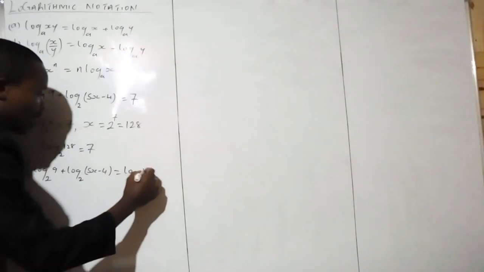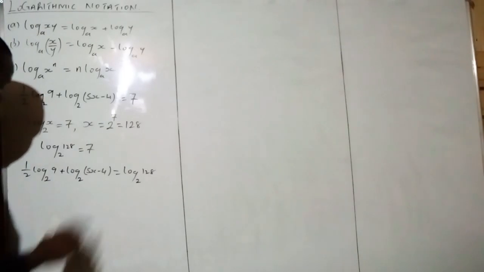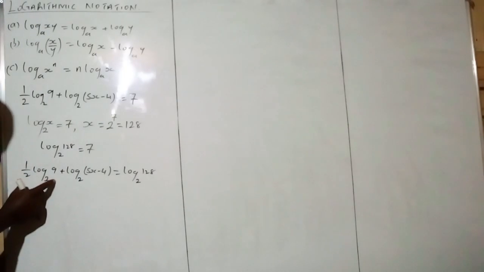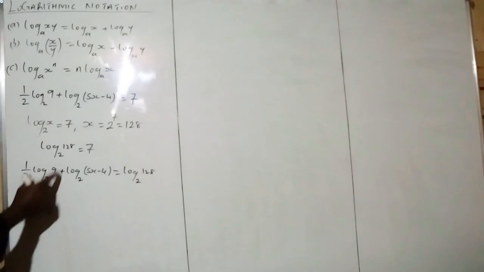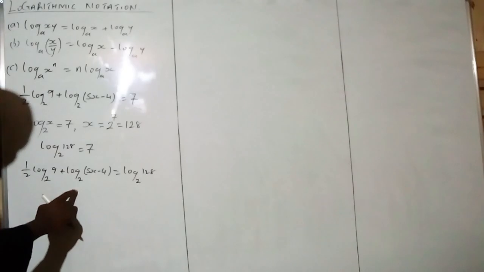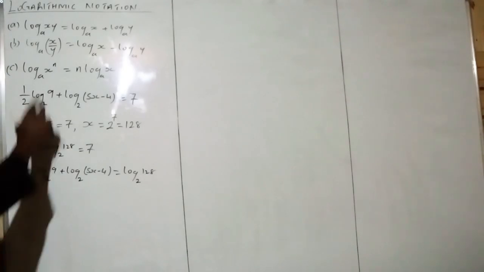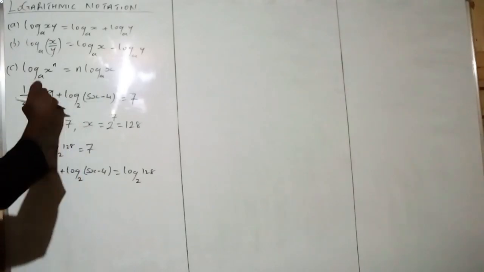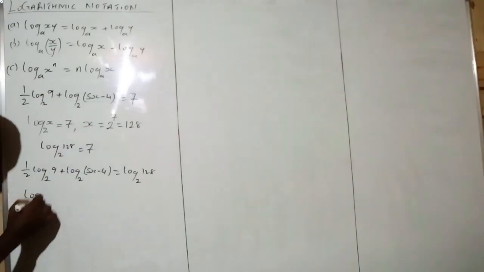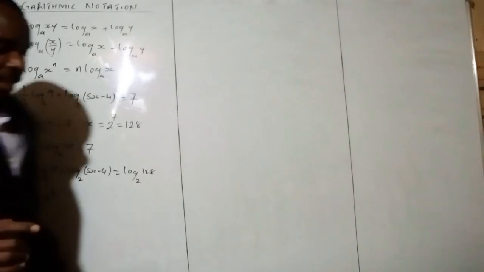Now we have log to base 2 uniform on our left and right. After that, the first term, log to base 2 of 9 with the half, falls under the third rule of logarithm. You can write it as log to base 2 of 9 raised to power half, and raised to half means square root.